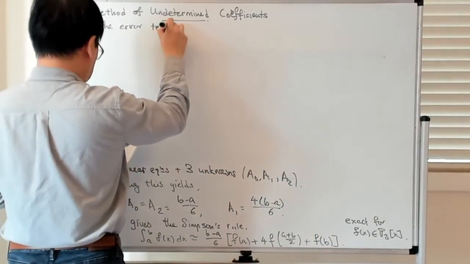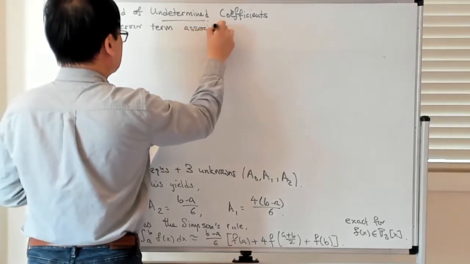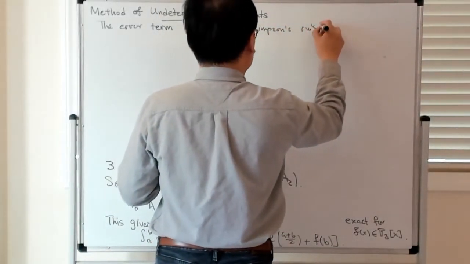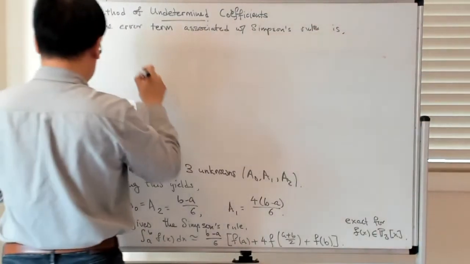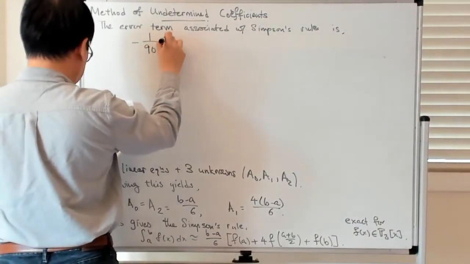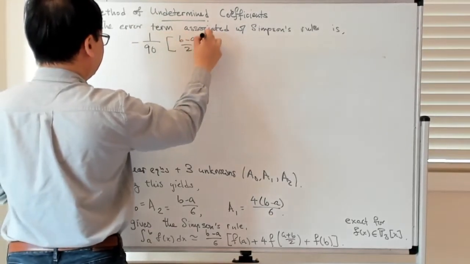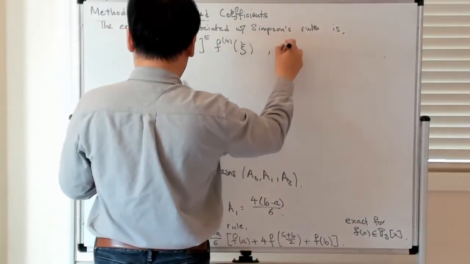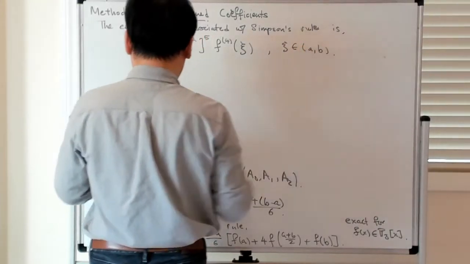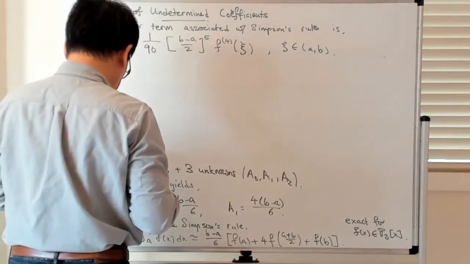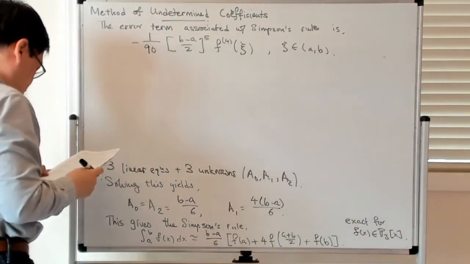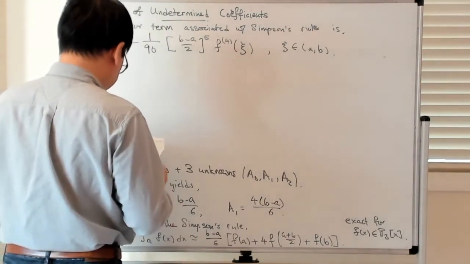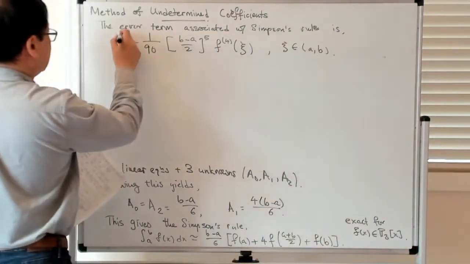The error term associated with Simpson's rule is the following: negative 1 over 90 of (b minus a)/2 to the 5th power times the 4th derivative of f at some unknown point c, where c is in the interval from a to b. So that's just the error term.